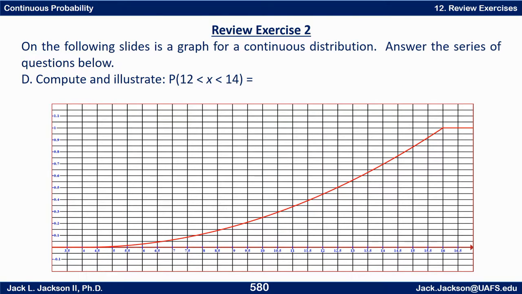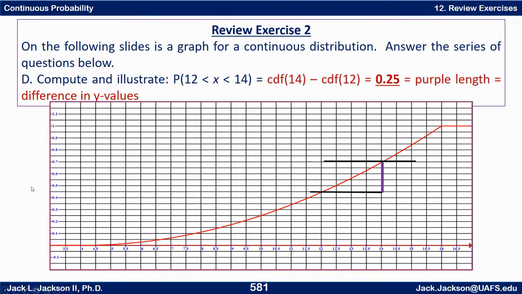All right, how about a probability between 12 and 14? The probability that 12 is less than x, which is less than 14. Well, this is a difference in 2 y values, so you just have to work out what these 2 y values are here and here and subtract them, or equivalently find this vertical distance here. And it looks like it's 1, 2, 3, 4, 5 of these little links.